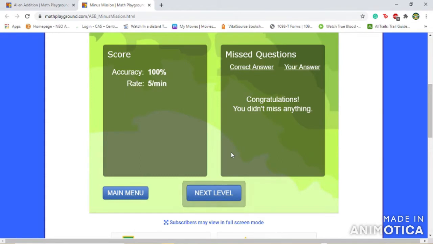So let's say, for example, you actually don't have a computer or Wi-Fi, so you're unable to access these two games. Another thing you can do is go home and find a cooking book. In that cooking book, look at the ingredients and how much of each ingredient you would need to make the recipe.